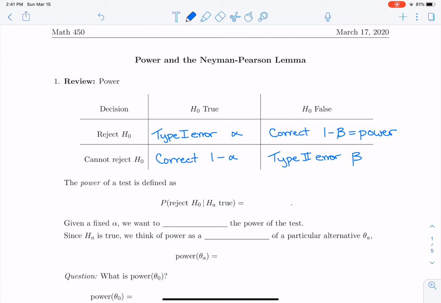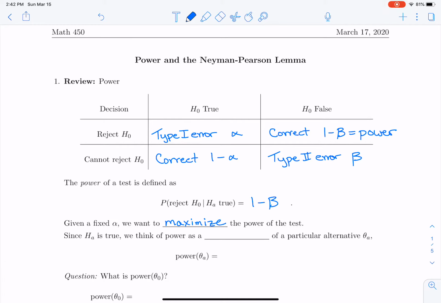So we define the power of the test to be the probability we reject the null hypothesis given the alternative is true. And that is 1 minus beta. Given a fixed alpha, we said before that we want to maximize the power of the test. Maximizing the power of the test, of course, is going to minimize the type 2 error.